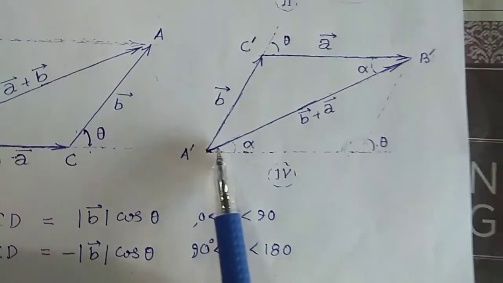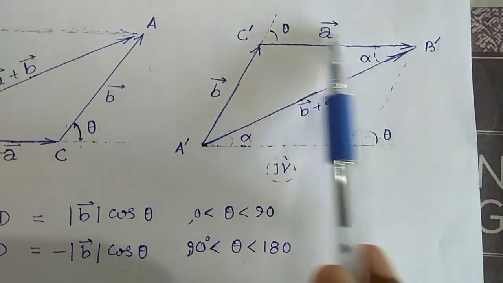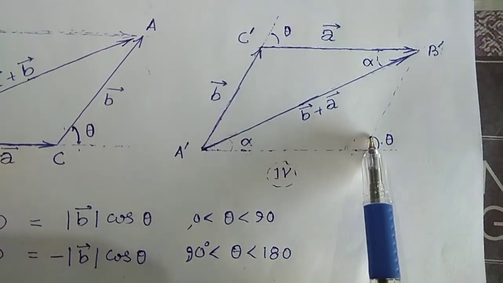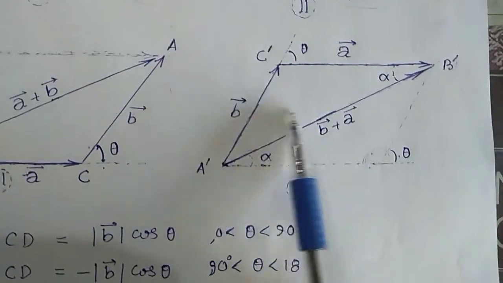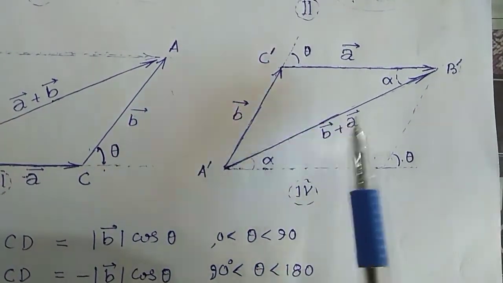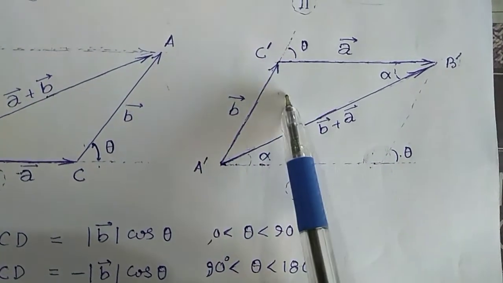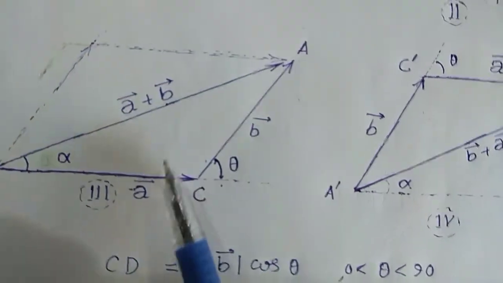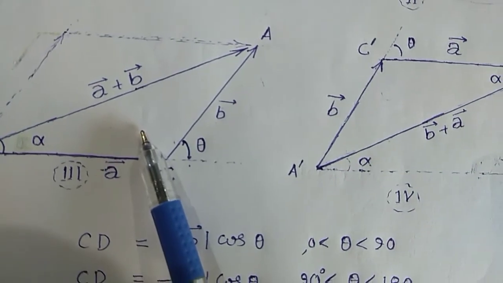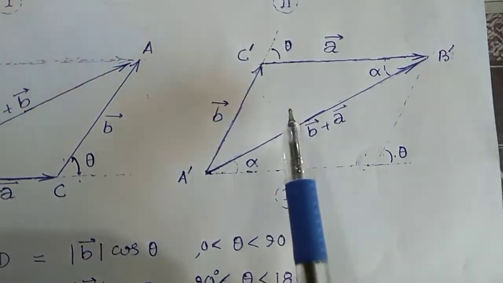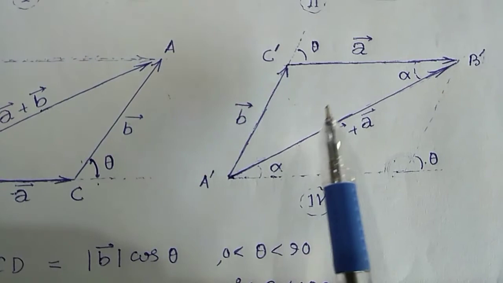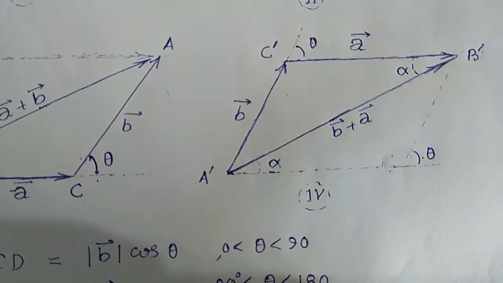If we are moving along, this is actually a parallelogram, but the addition is not due to the parallelogram law. You see clearly here, it is due to the triangle law. So we only add by triangle law addition.